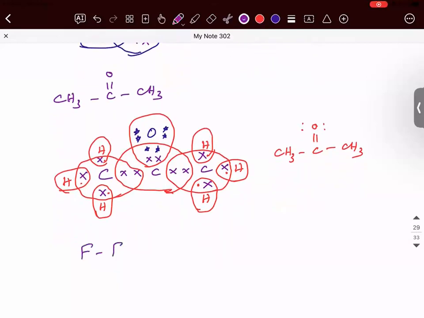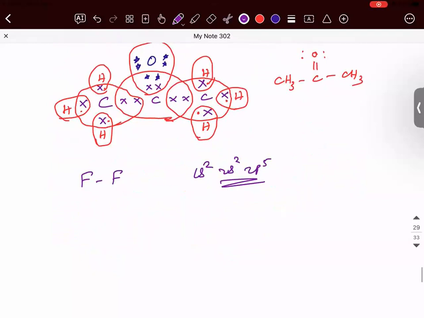Add the fluorine. F bonded F. 1s2, 2s2, 2p5, 7 electrons. So fluorine 1, 2, 3, 4, 5, 6, 7. Another fluorine also will give 1, 2, 3, 4, 5, 6, 7.